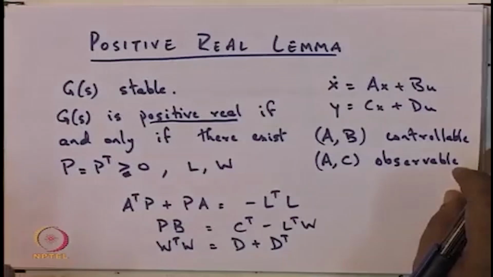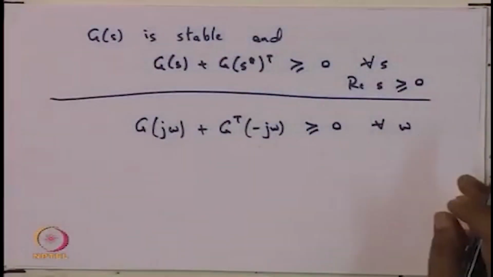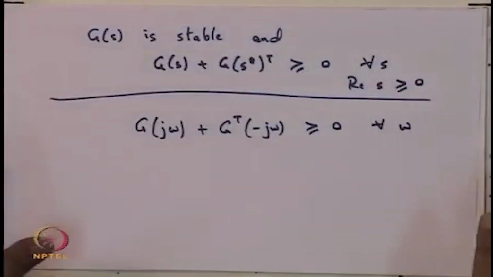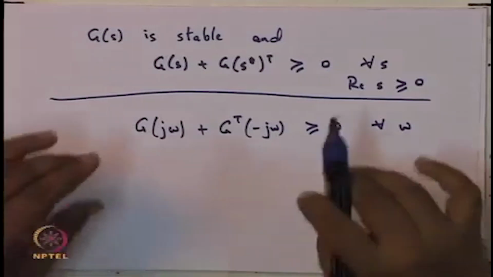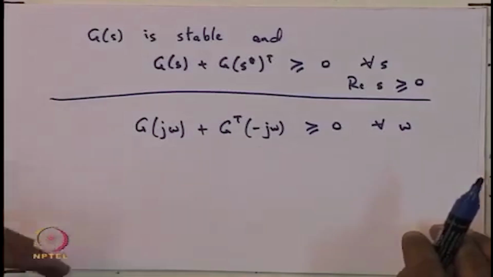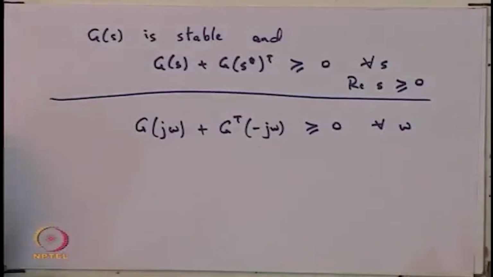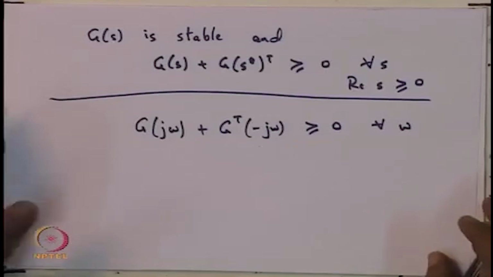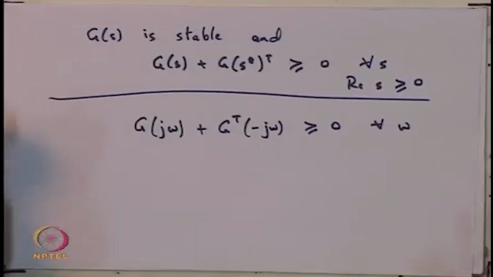So, whatever I have been showing holds even for the matrix case. It is not just for the scalar case; exactly the same kind of proofs go through for the multi input, multi output situation.